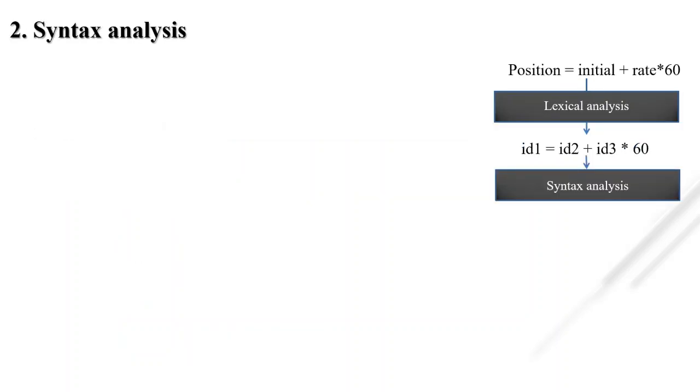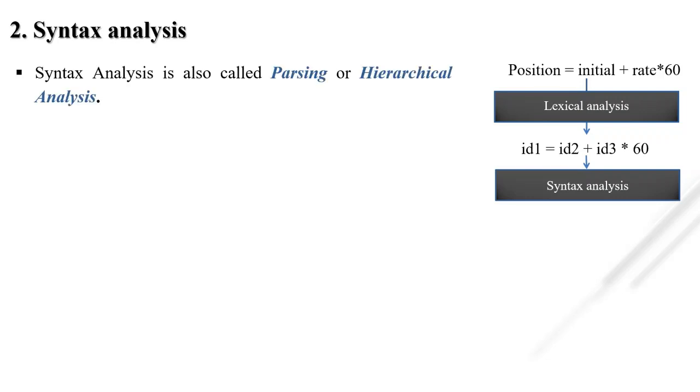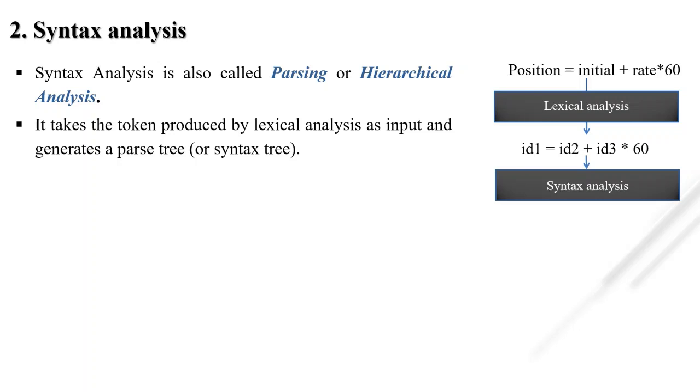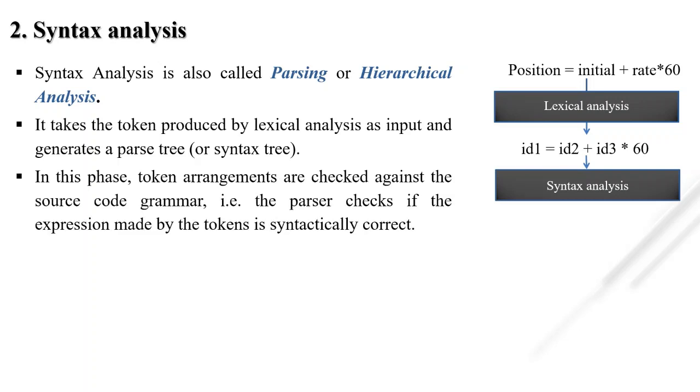So next, syntax analysis. It is also known as parsing or hierarchical analysis. It takes the input produced by the lexical analyzer and generates the parse tree or syntax tree. In this phase, the parser checks if the expression made by tokens is correct or not.